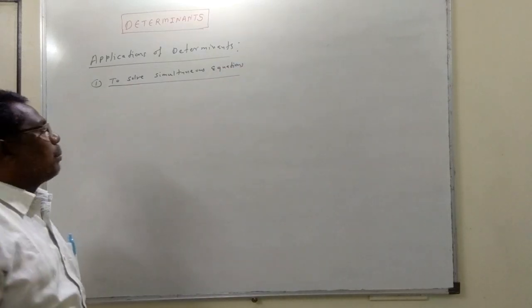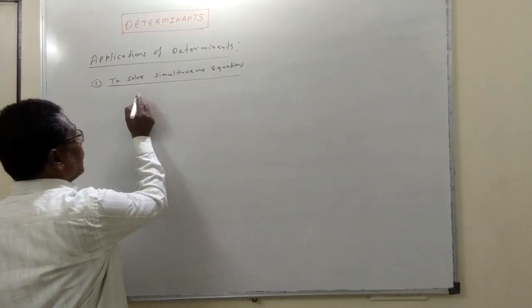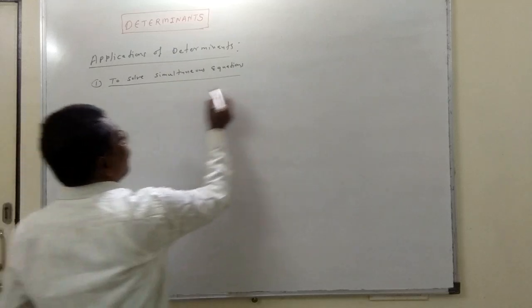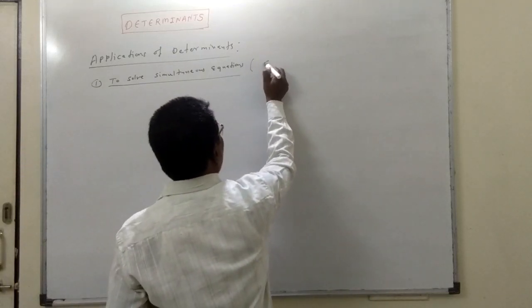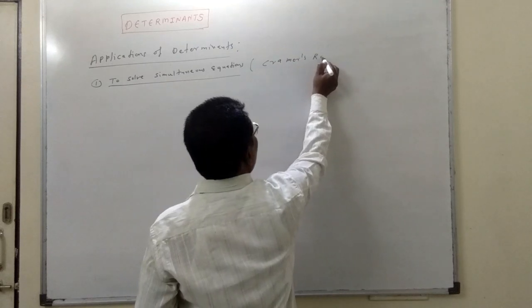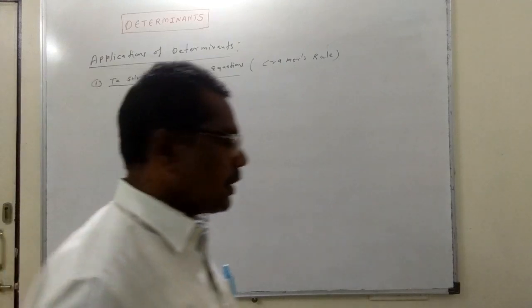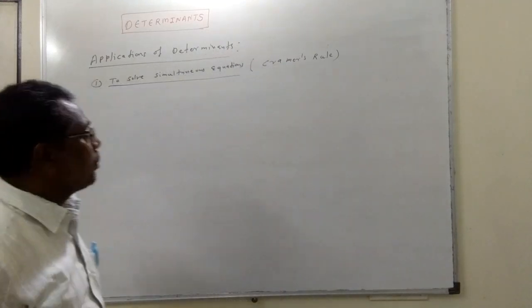Now to solve these simultaneous equations, a rule is given by the mathematician Cramer. So we use here Cramer's rule. Cramer's rule is used to solve simultaneous equations by the determinant method.